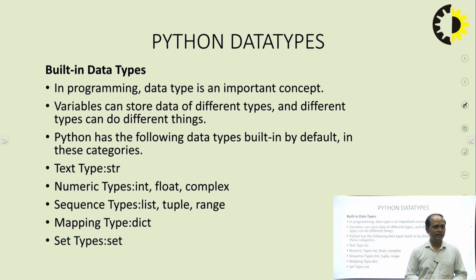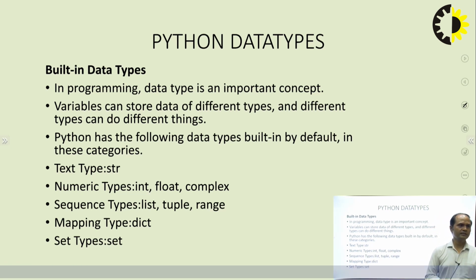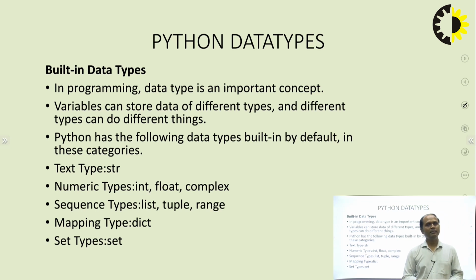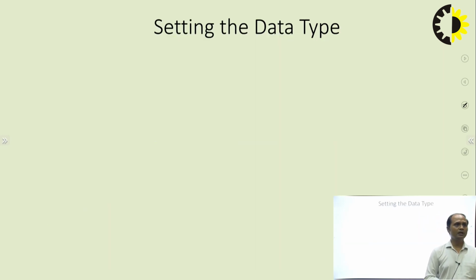And next is set type, that is set. These data types used from the library files are called built-in data types. One is string type, another is numeric type like integer, float, complex, sequence type like list, tuple and range, mapping type called dictionary, and set type called set. And one other type is the boolean type, for which we use the word bool.